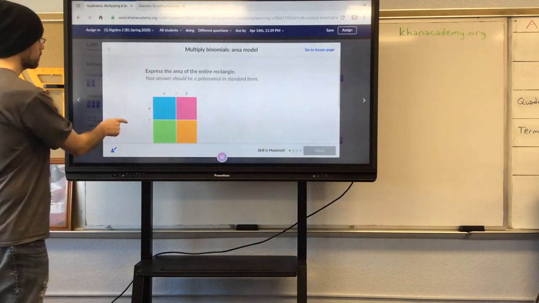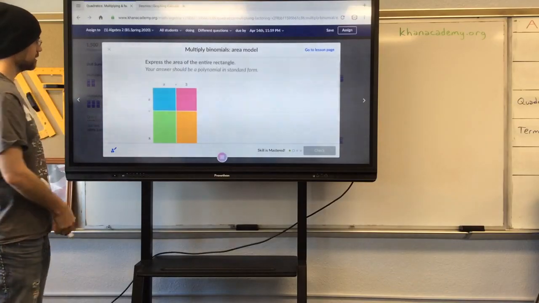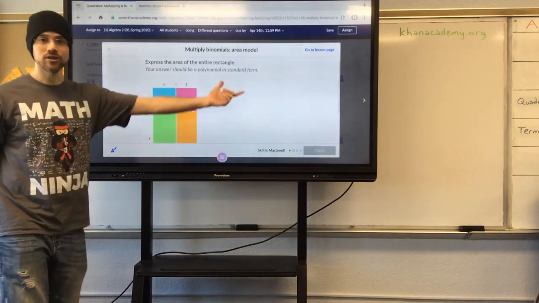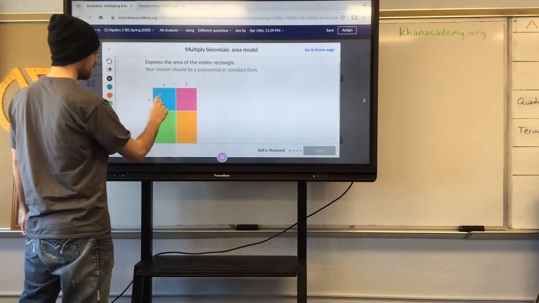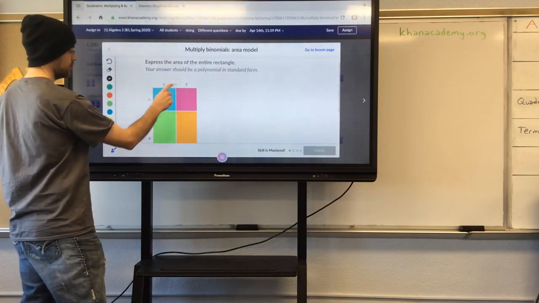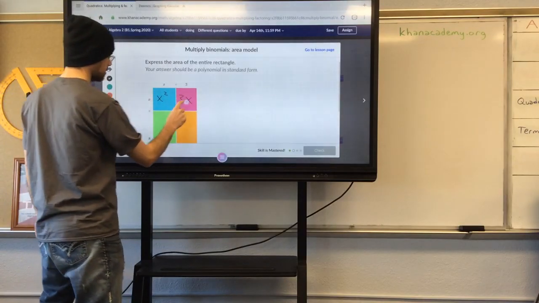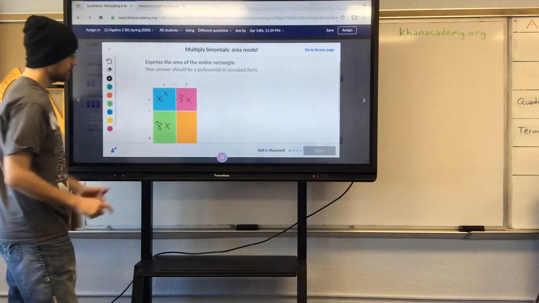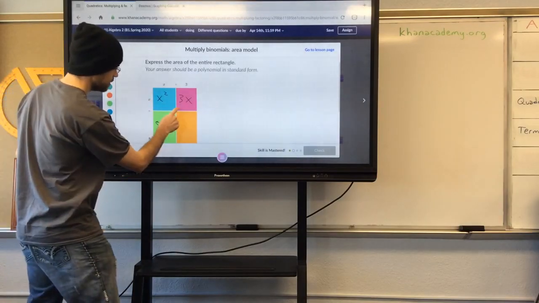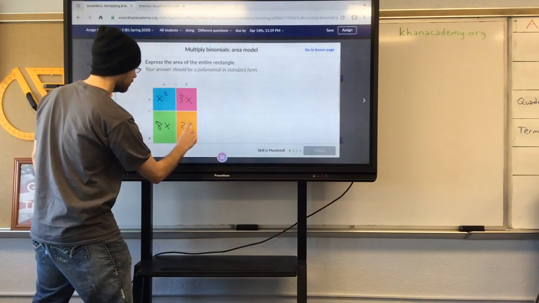Let's do this one. Express the area of the entire rectangle. Polynomial in standard form, so we're going to get x times x is x squared. 3 times x is 3x. x times 8 is 8x. And 3 times 8 is 24.